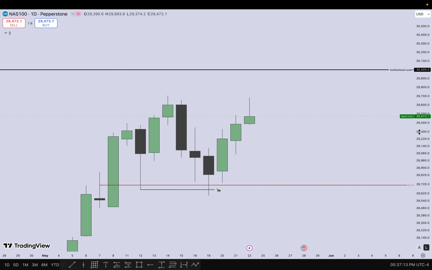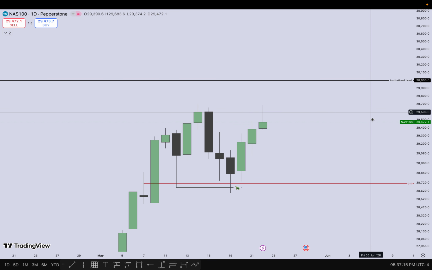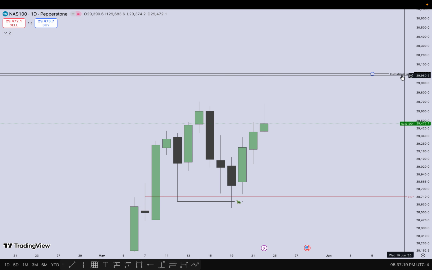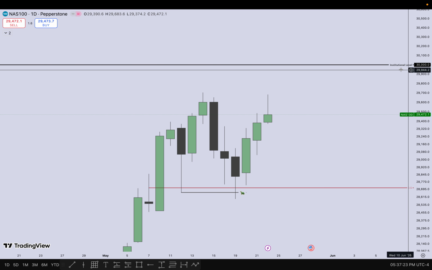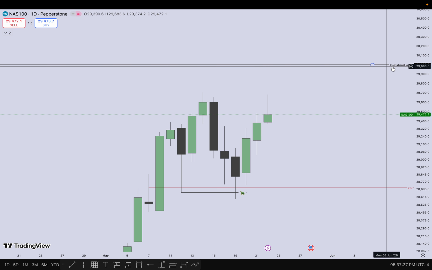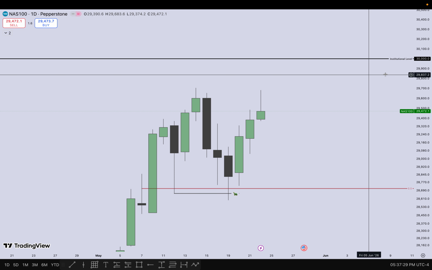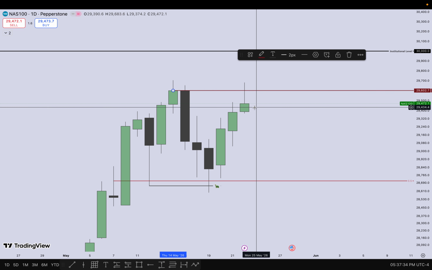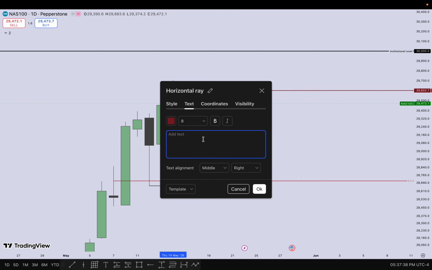As I mentioned on my channel, I'm looking at this institutional level which is 30,000. I'm looking at this level because the institution will be looking at this area for profit booking and some other intentions. I'm looking at this rejection block. This is a rejection block, so I'm plotting this on my chart.